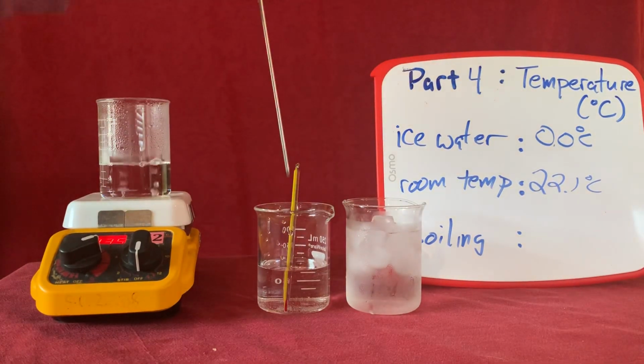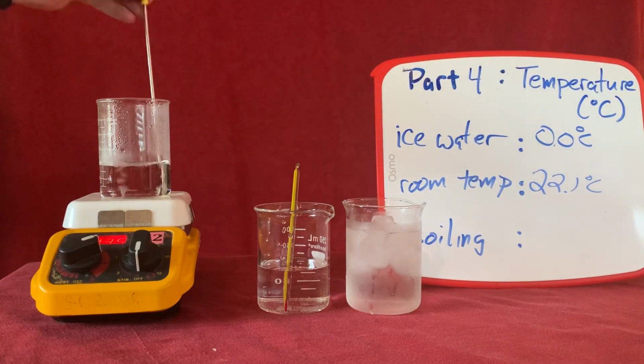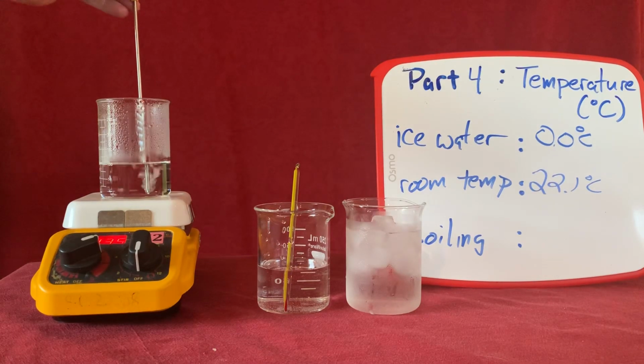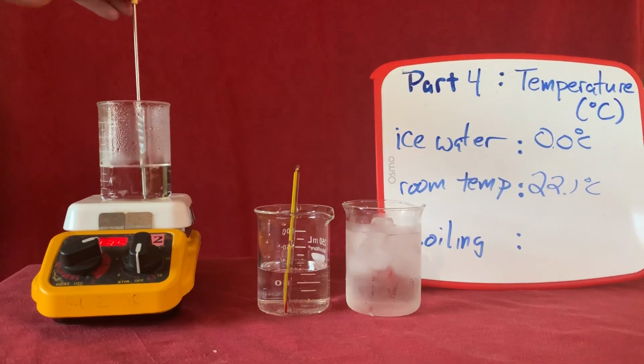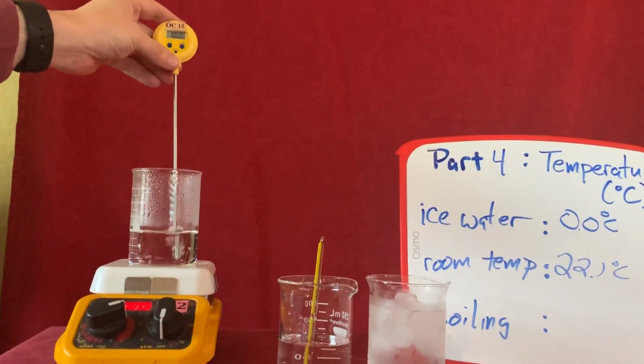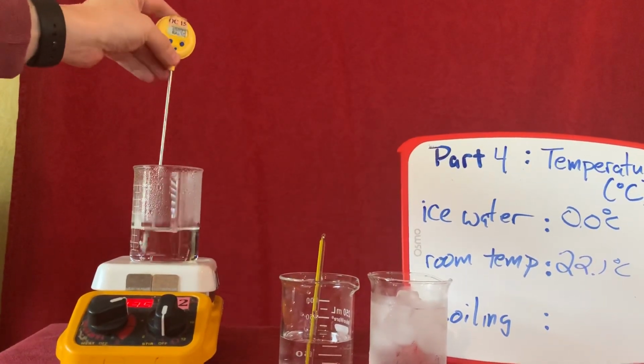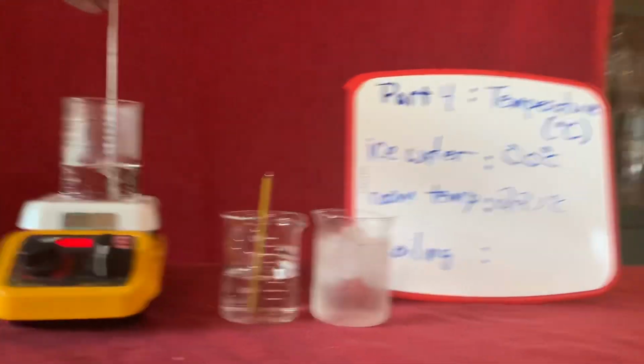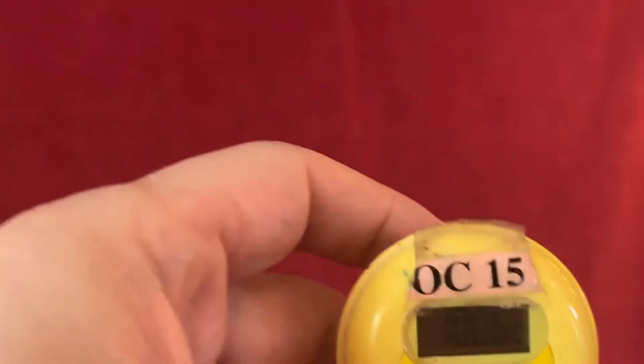I'm going to take this and again swirl this around, make sure that I'm nice and equilibrated, and give this time to come to temperature. Now I realize we're a little off screen here, so you can see here I've still got this in our sample. Let's take a look at where our thermometer measurement is so far.